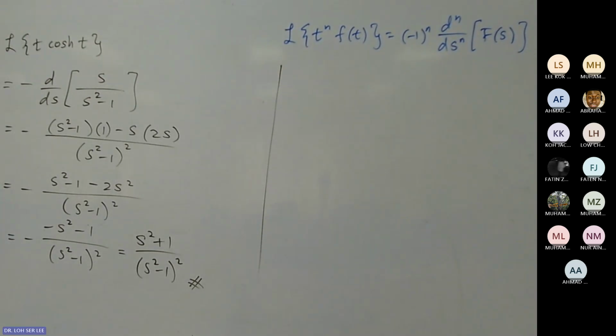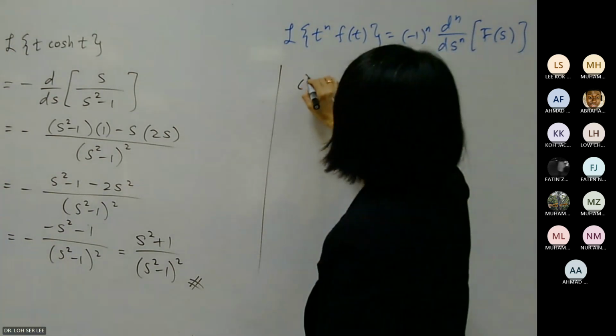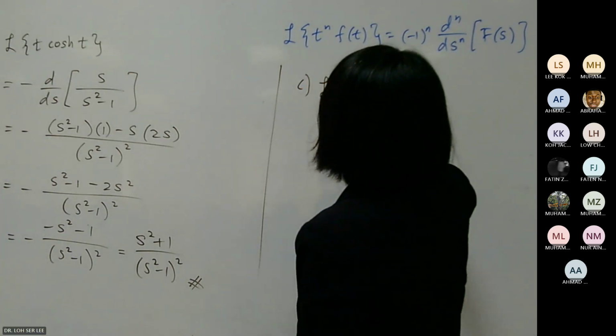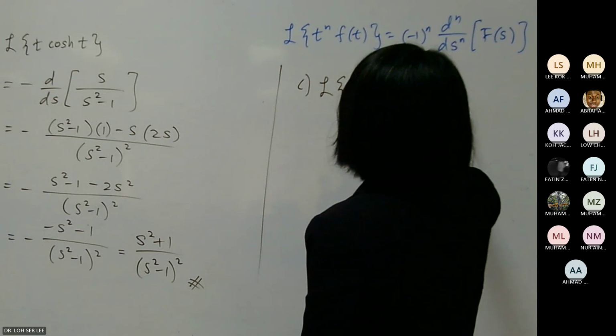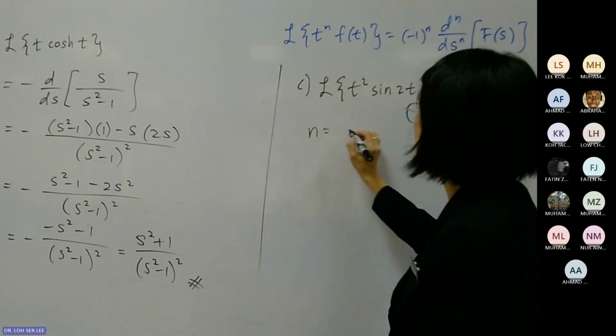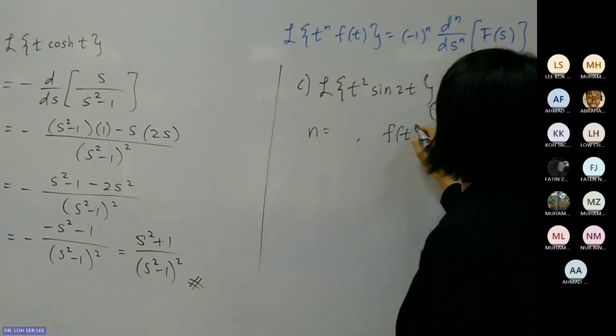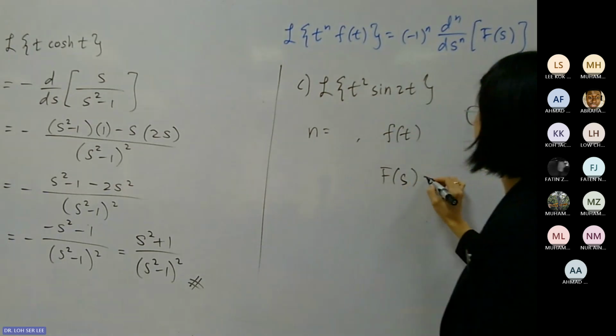Okay, next one. T squared sine 2t. Your n, your f(t), your f(s).